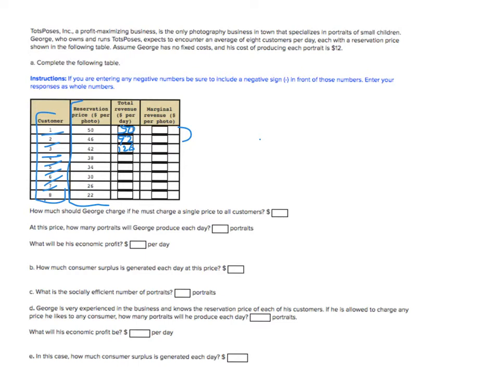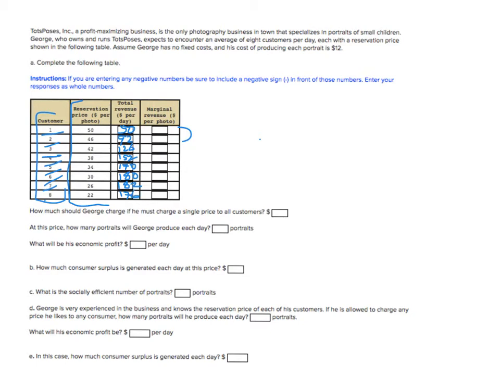But 4 times 38, 152. 5 times 34, 170. 6 times 30, 180. 7 times 26, 182. And 8 times 22 is 176.